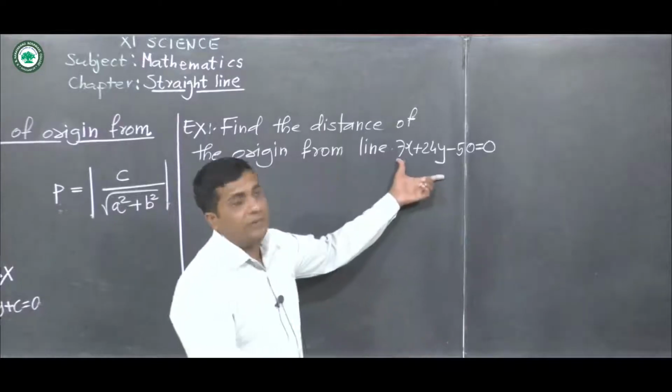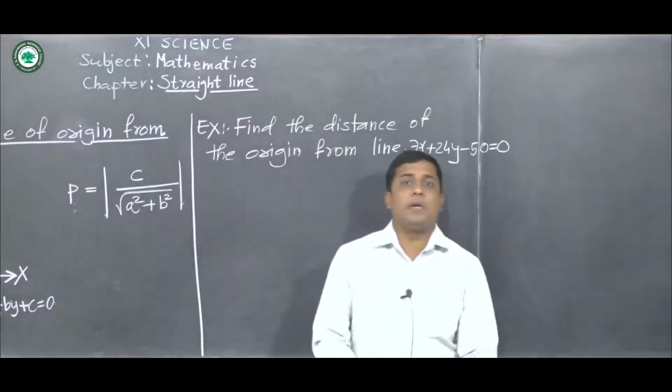Okay, here one line is given. This line is 7x plus 24y minus 50 equal to 0.